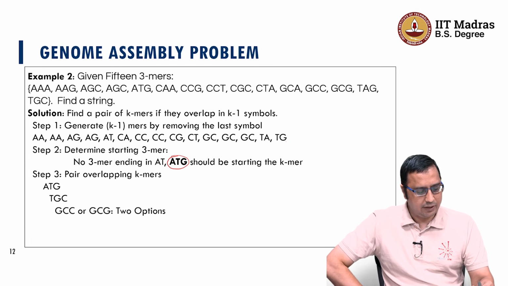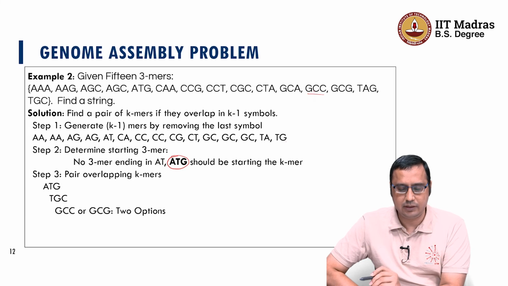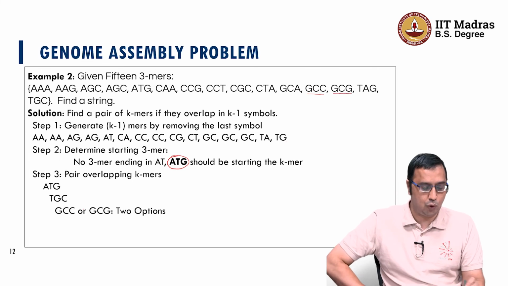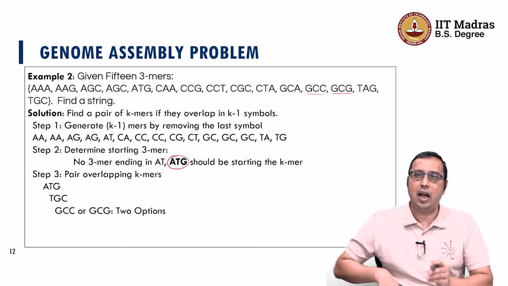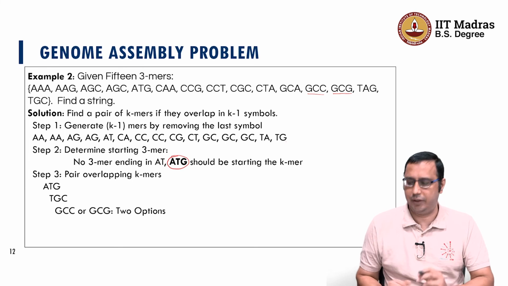So what I did is I used ATG, then I found TGC. When I came to GC, I found that there are two possibilities: GCC and GCG. So I have a fork now. What should I do? The simple algorithm says choose one of them and continue your journey.